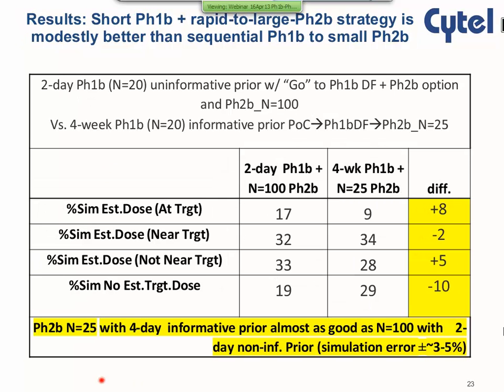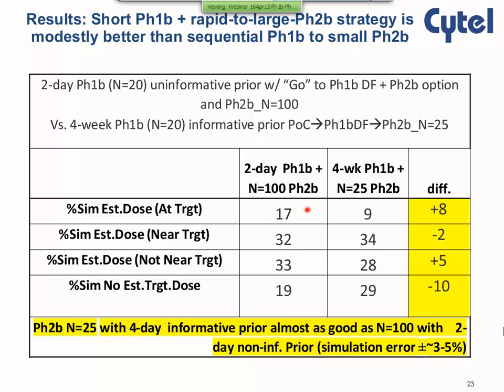In the next slide, we look at whether the informative prior and 4-week option with a smaller sample size in phase 2B could match the short-term phase 1B option with the potential to rapidly go to 2B with that option and a larger phase 2B.